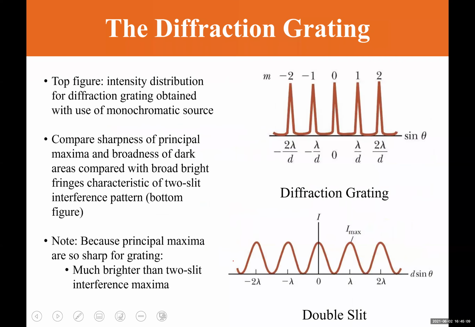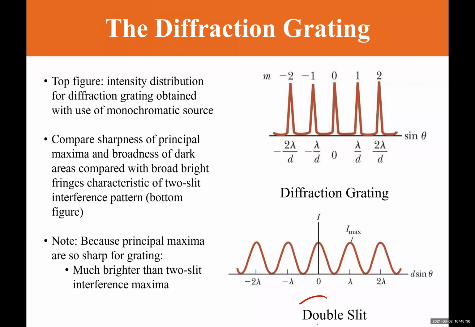Okay. And one of the other differences here, when we're talking about the pattern that we see on the screen, is that because you have so many slits, I already mentioned earlier that the larger the number of slits, the narrower the graphs for the intensity of the light will be.